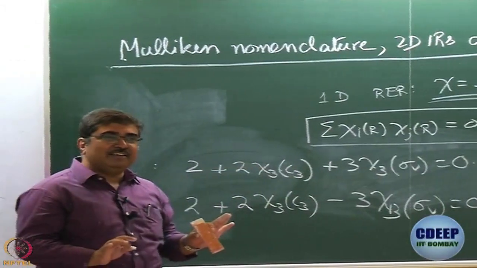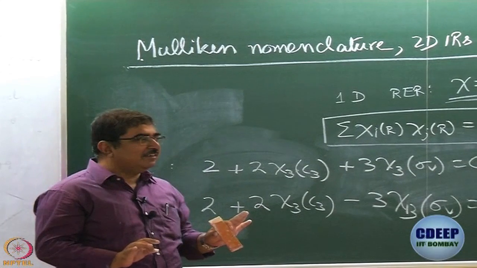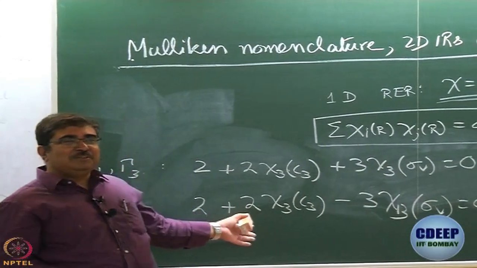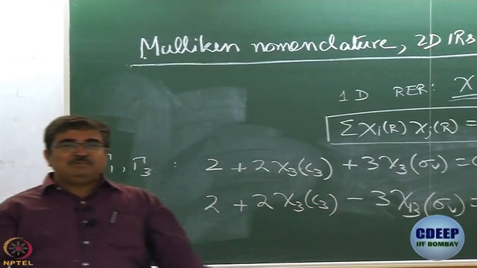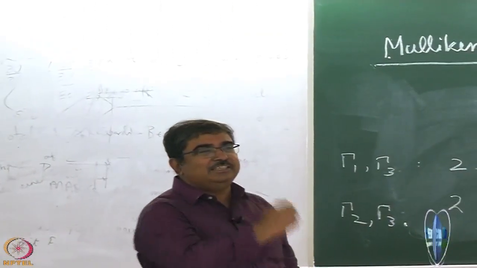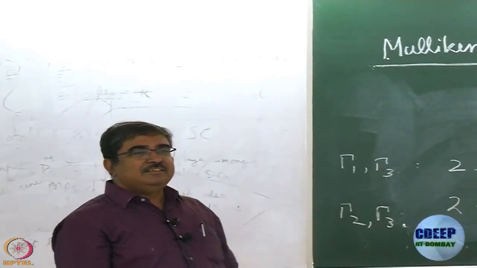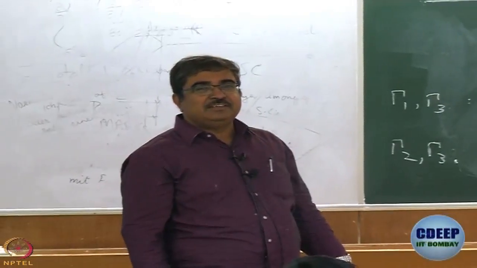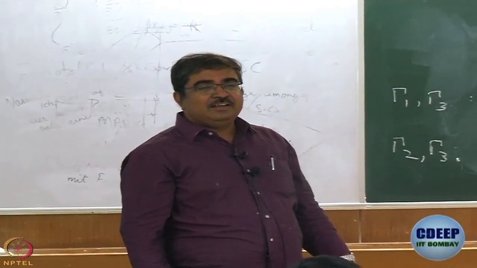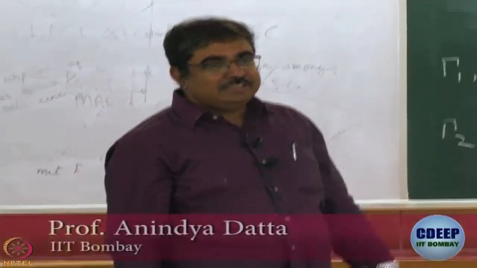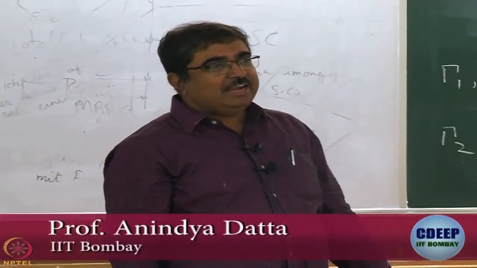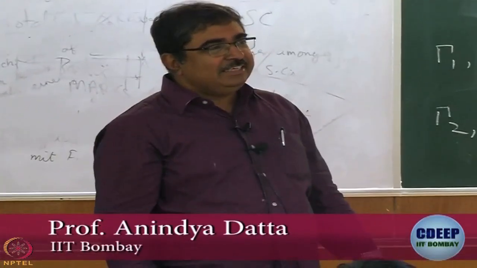Do we agree? If you do not agree, just work out the values. You have 2 equations, you have 2 unknowns. Tell me what is the value of chi3 of sigma v, tell me what is the chi3 of C3. Which one is 0, which one is minus 1? Chi3 of sigma v is 0 and chi3 of C3 is minus 1.